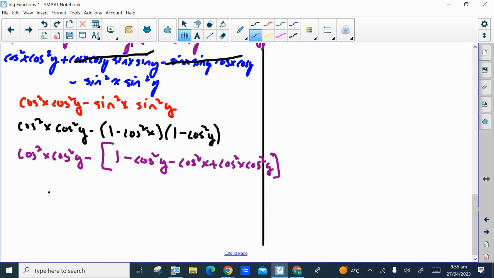And now you should see that we're going to make some headway because the minus sign in front of this big bracket changes all the signs inside, which means this last term is going to be minus cos squared x, cos squared y, which will cancel with the positive cos squared x, cos squared y at the start. So that'll be my next step. I'll remove the square brackets. The negative sign in front changes all the signs inside.